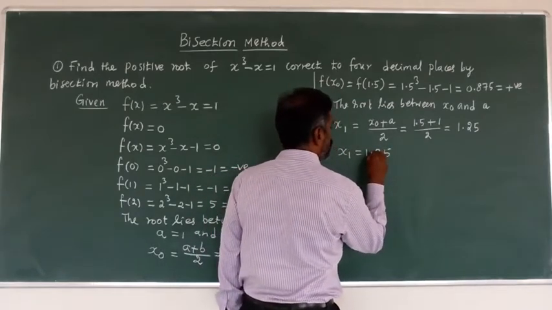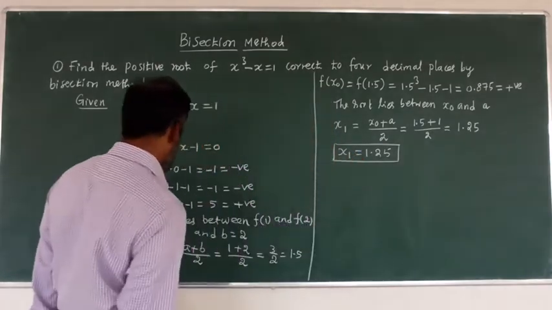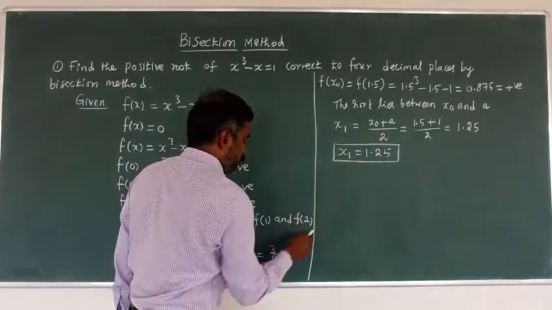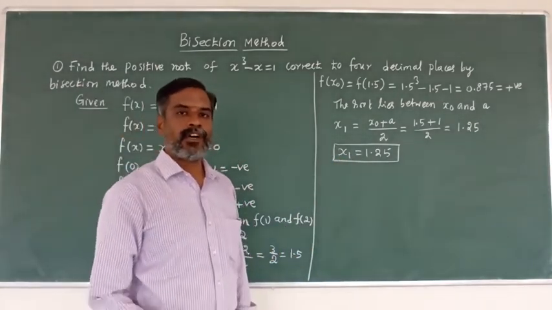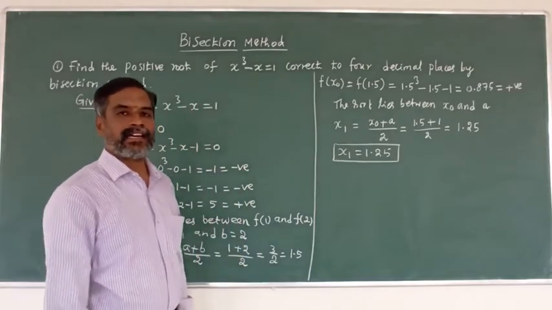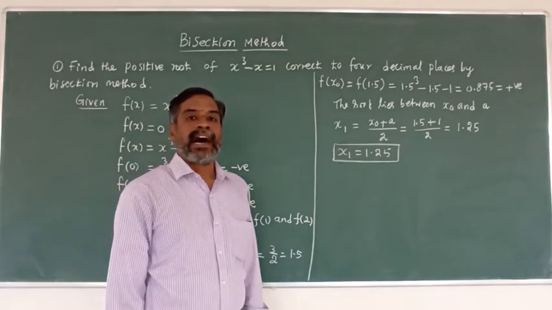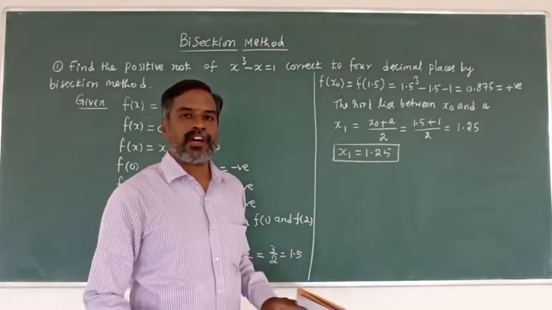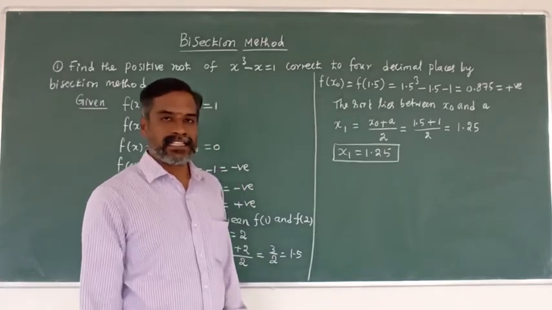Now to compare the x0 value and x1 value, the results are not the same. So we have to do another iteration. When both iteration results are the same, we stop the process. That is the final result.